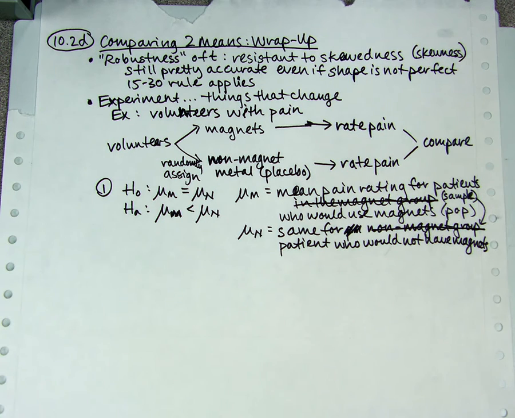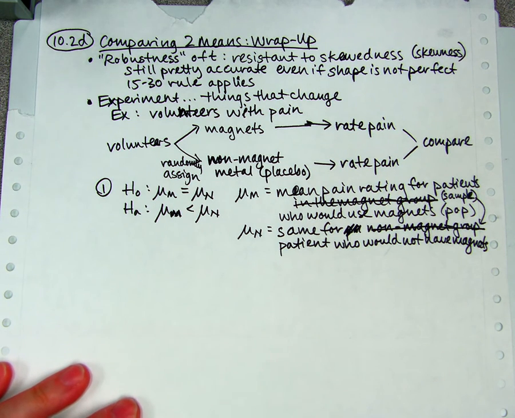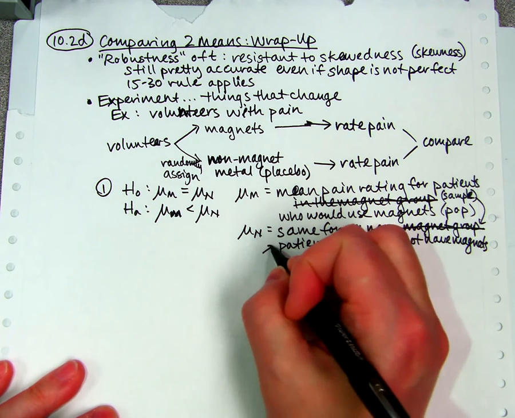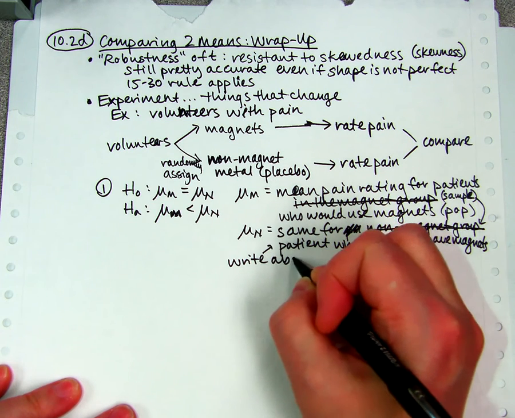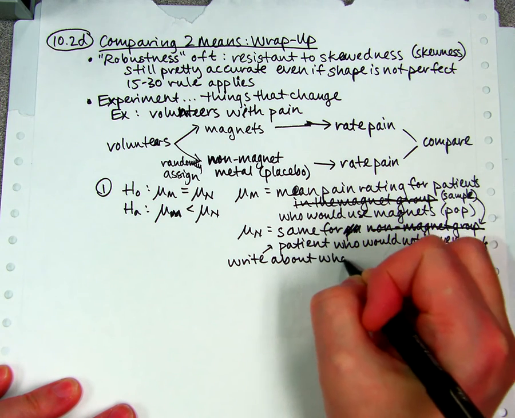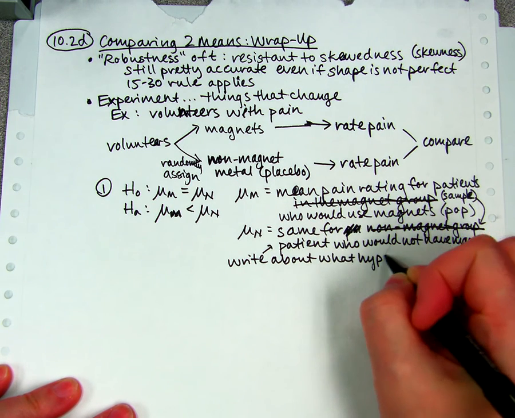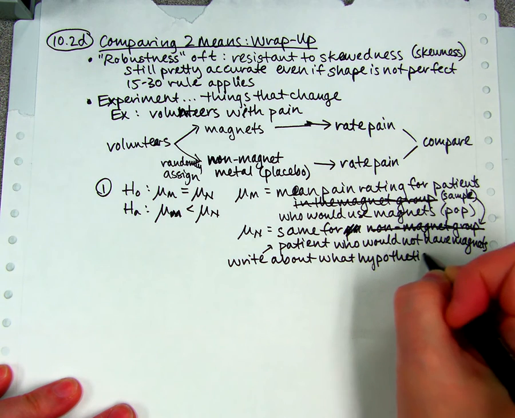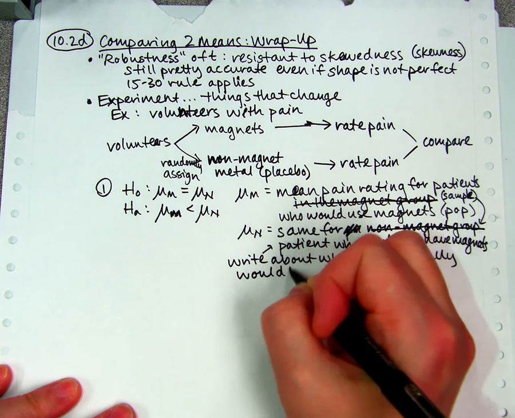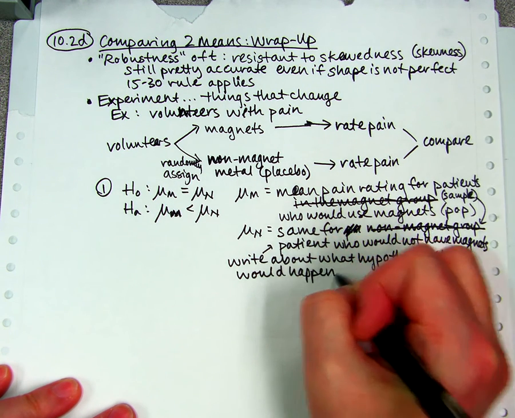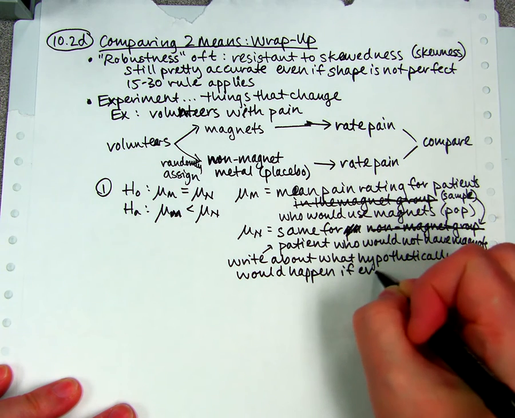So it's, you write, the word would is really important here. Who would experience pain relief without the magnets or something like that. So you always want to write about what hypothetically would happen if every possible patient got these treatments.